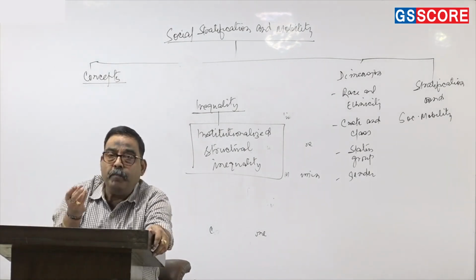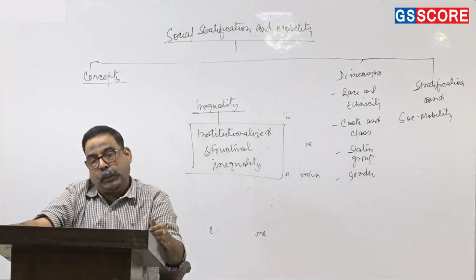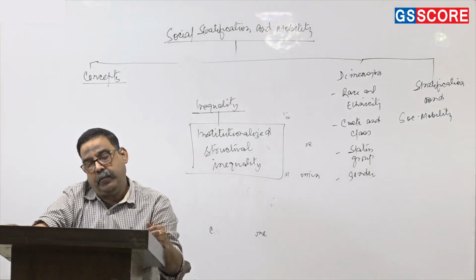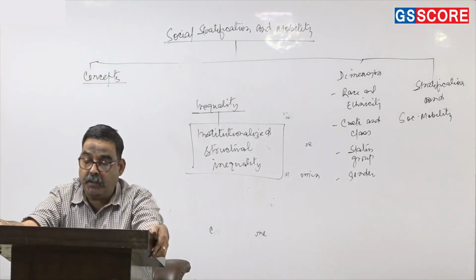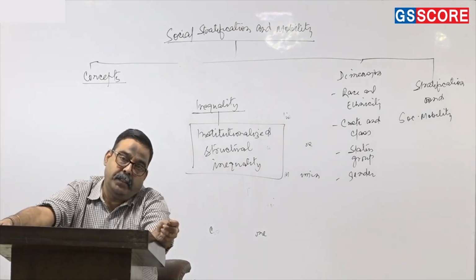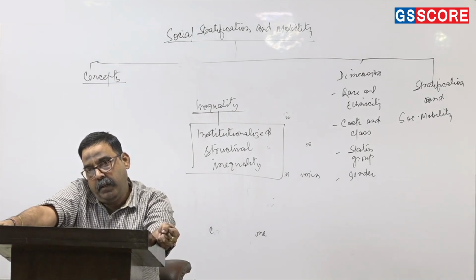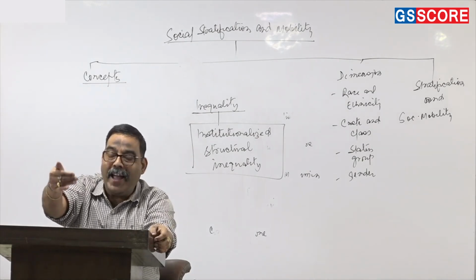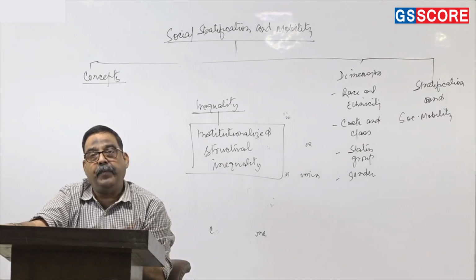The moment these social meanings are attributed, the very difference which is based on nature, which is based on biology, its connotation completely changes. And if on the basis of this socially attached meaning, groups of people are ranked one above another, then the perspective of social stratification comes into the picture.